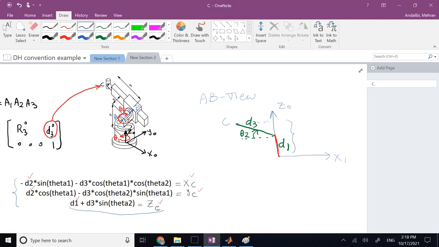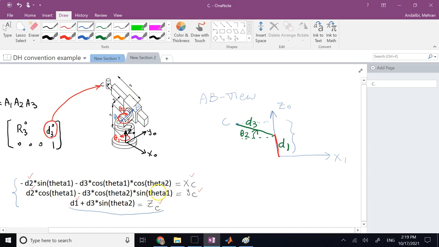Now, for x and y of point C, you need to look at some other views or change this x1 to x0 so you can see it better. What you really can see is the distance that matters for x and y. One of them is d2 with theta 1, which is like looking from the top.